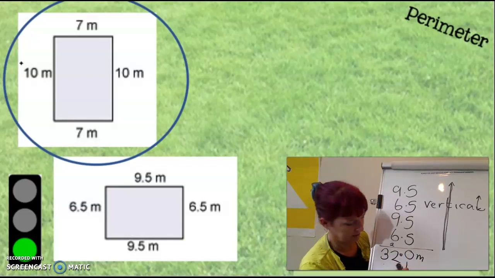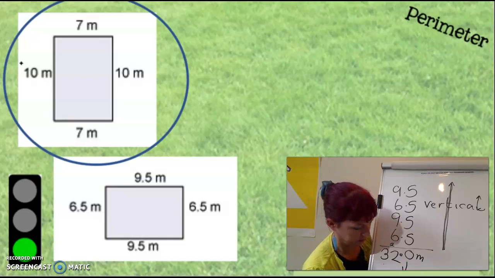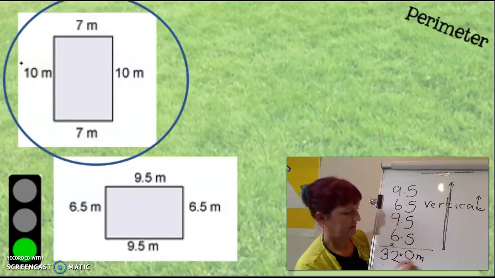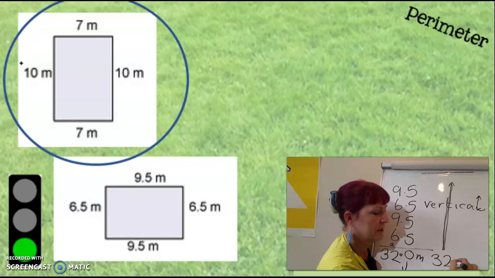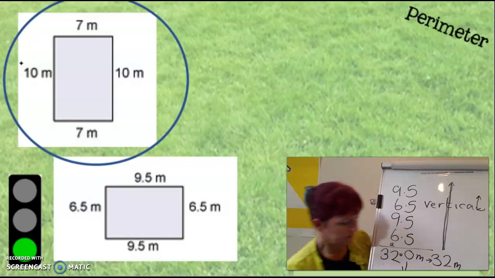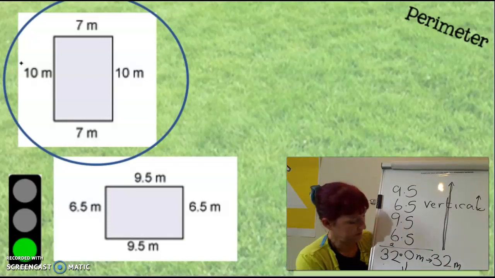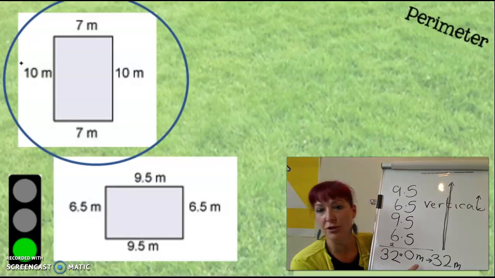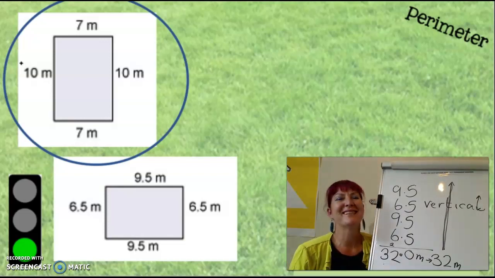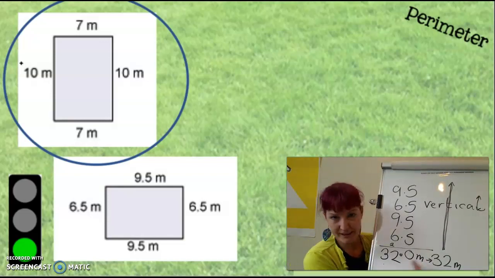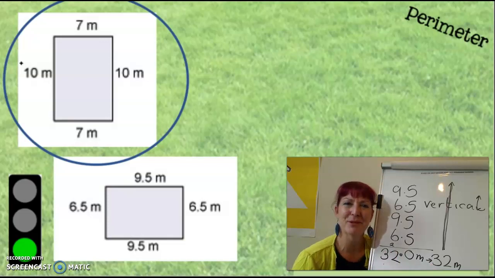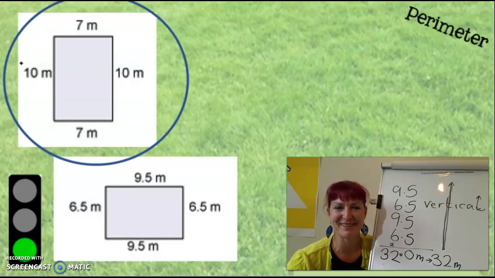Yes, you could write that as 32.0 m or 32 m, because, quite right, you don't need that little 0. 0 means nothing when it's on the end. There are no numbers beyond it. It doesn't actually give it any importance or significance.